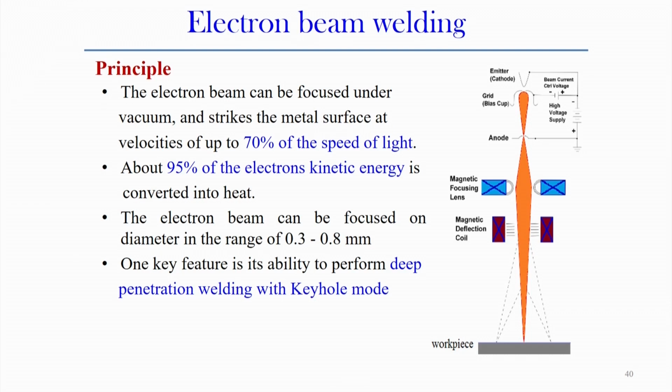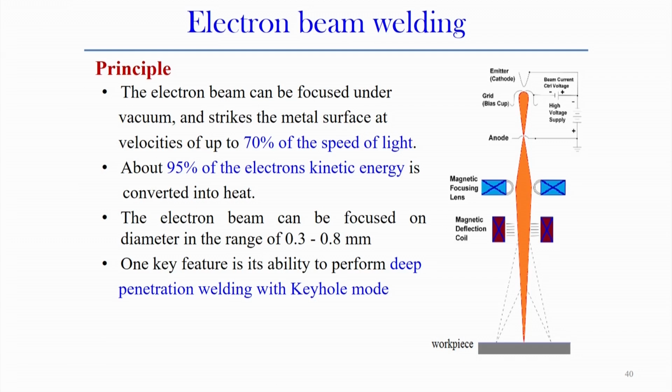Of course, this focusing can also be done using the laser process. With this focusing diameter, the concentration of the electrons can create a high amount of energy, and that energy is able to produce deep penetration welding with the formation of the keyhole.